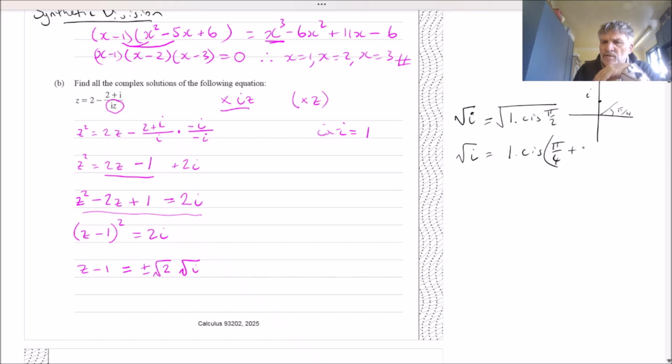We do have to add on an arbitrary amount of pi, 2 pi over 2. So we get cis pi over 4 or cis 5 pi over 4.